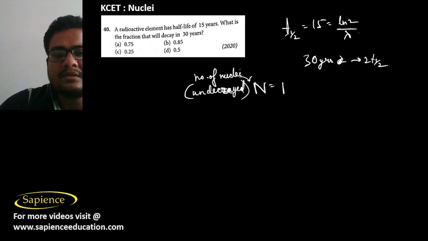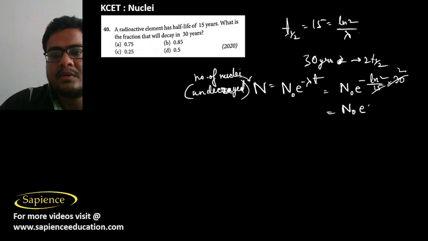That is given as N is equal to N naught e power minus lambda t. So it is N naught e power minus lambda, that is ln2 by 15 years into 30 years. So that is equal to N naught into e power ln2 power minus 2. So that is N naught by 4. So N naught by 4 will remain.